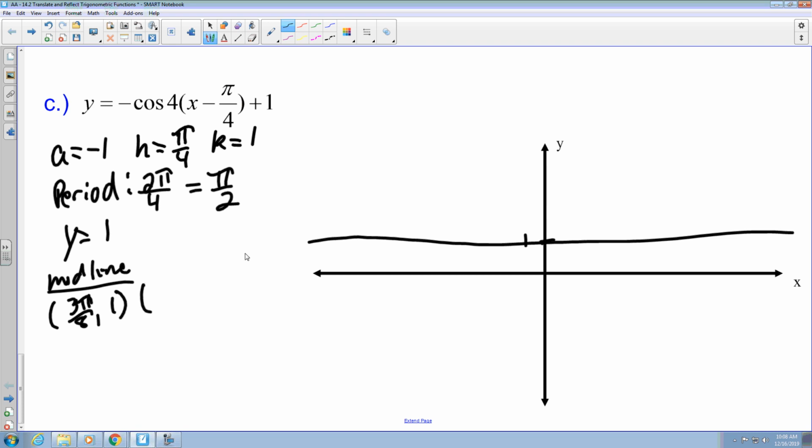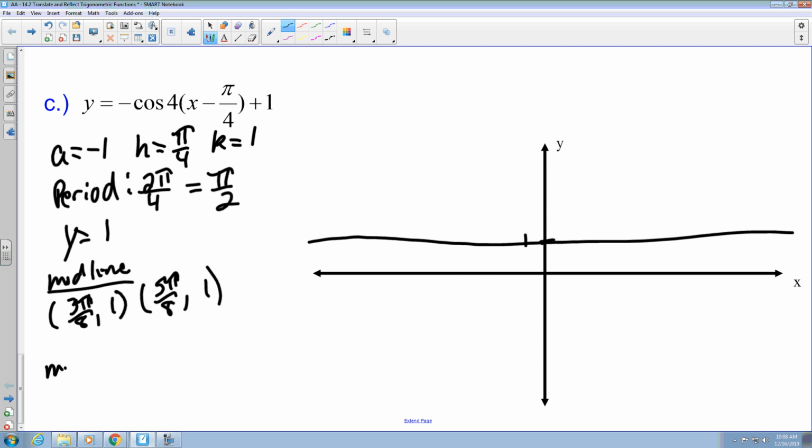The next one is 3/4 times the period, which is pi over 2, which gets us 3 pi over 8, plus h, which is pi over 4. So now I get 5 pi over 8, comma 1.